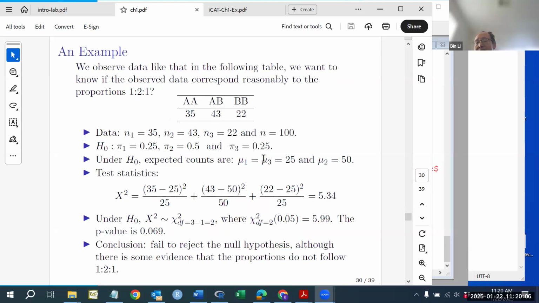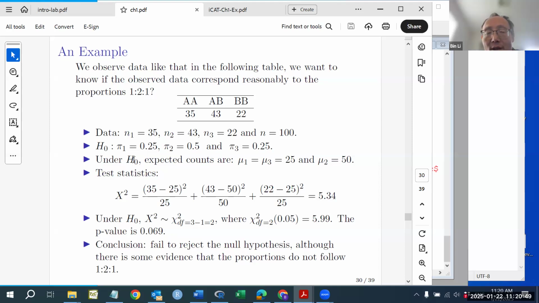Okay, so now let's see an example. In this example, we have this observed data. We have 3 categories, AA, AB, and BB, from an experiment related to genetics. Under the null hypothesis, the probability of AA is 0.25, AB is 0.5, and BB is 0.25.